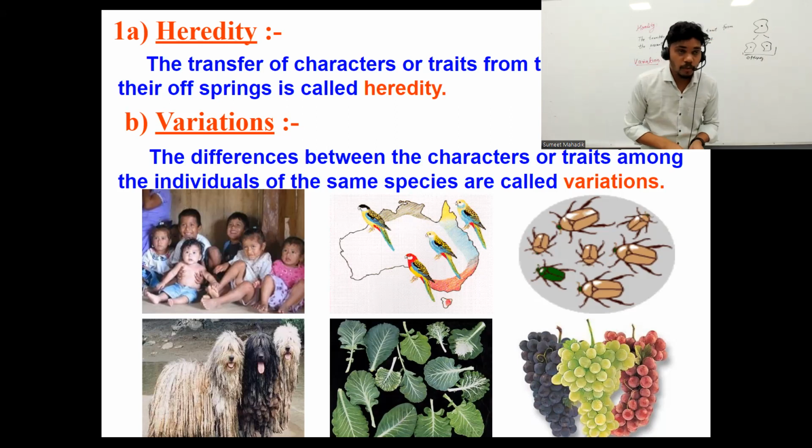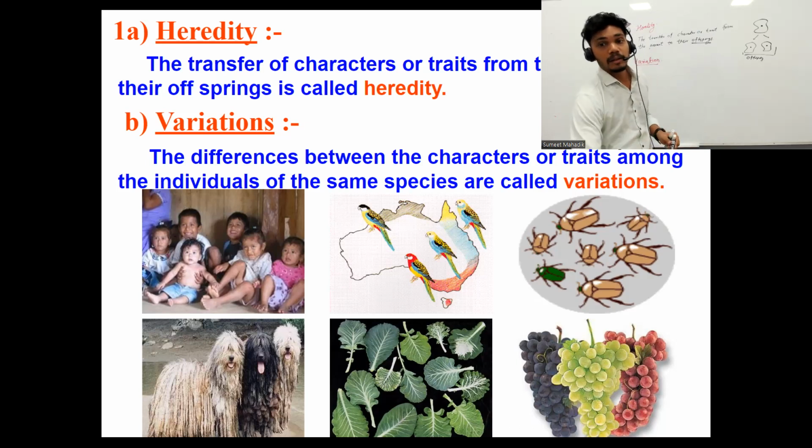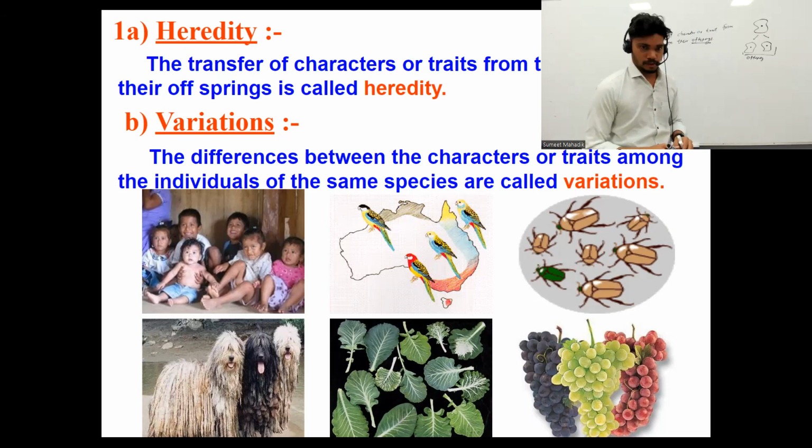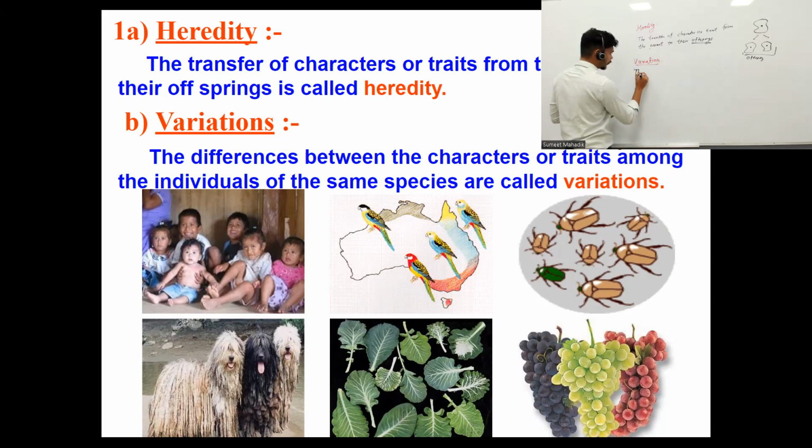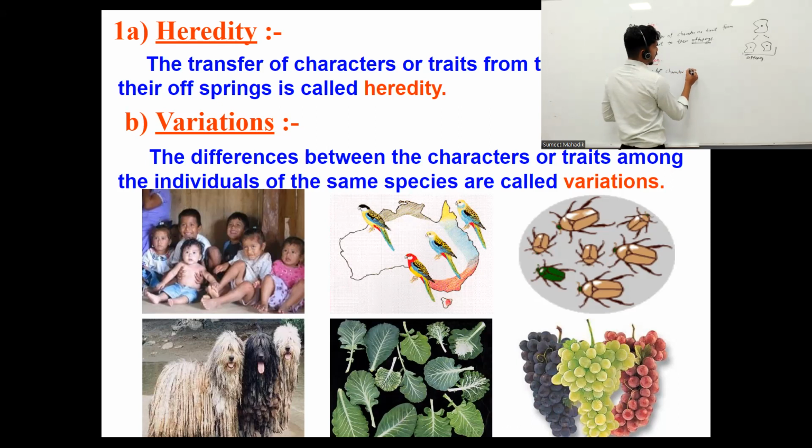So variation is the difference between the character or trait amongst the individuals of the same species. That is more important: of the same species.